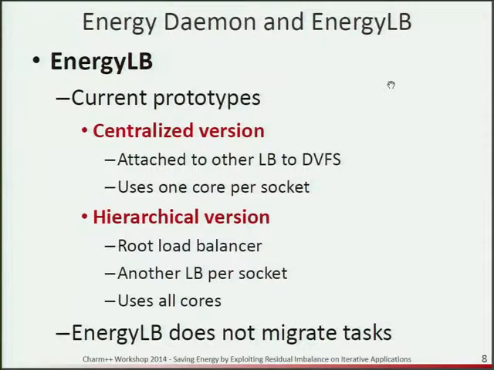So we have this root load balancer that's going to be our energy LB module, which sees the differences in load between the sockets, and it's going to set their different frequencies, okay? And then inside each socket we have a load balancer that's going to migrate tasks, okay? Again, these versions of this module are not migrating tasks. The load balancers that are used with it are migrating tasks, okay?